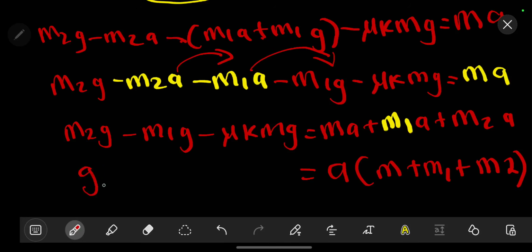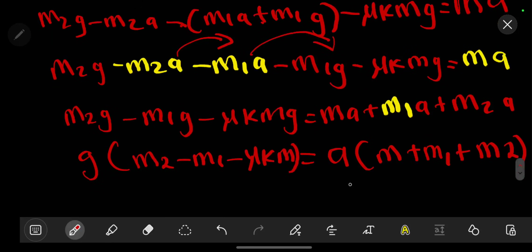So we have a g like that, open brackets, you are going to remain with your m2 minus your m1, then we have minus our mu k times m, like that. So to make a the subject of the formula, divide this term throughout.